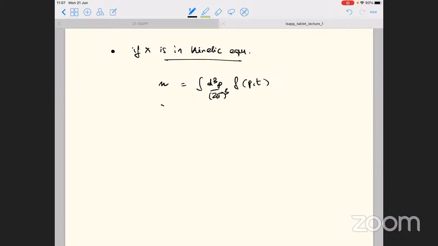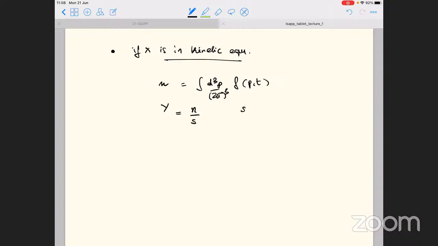Just before going further, let me also mention that we can focus on the evolution of number density, but even better, when we want to play with the Boltzmann equation and integrate out the evolution of the distribution function, we are not always going to play with the number density itself, but a rescaled number density, n over the entropy density. This is the comoving number density. It's a dimensionless quantity.